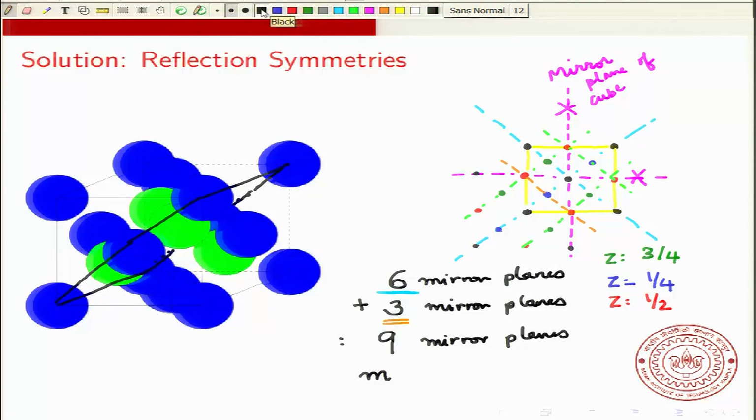So keep in mind that the diamond lattice is not a primitive lattice. In fact, it's not even a Bravais lattice, but essentially this diamond cubic unit cell is not primitive.